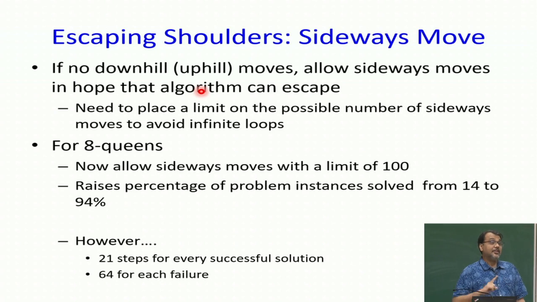Now remember, without sideways moves, 8 queens succeeded 14% of the time. With sideways moves, 8 queens succeeds 94% of the time. With just this one small change, greater than to greater than or equal to, and a maximum limit of 100, we have converted our problem, which was 14% successful, to 94% successful.